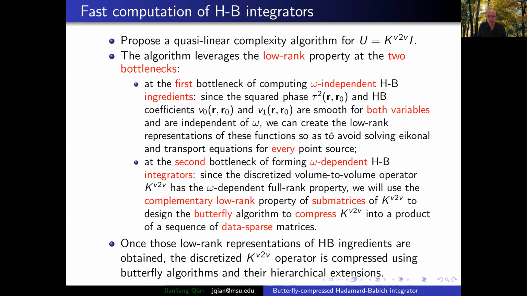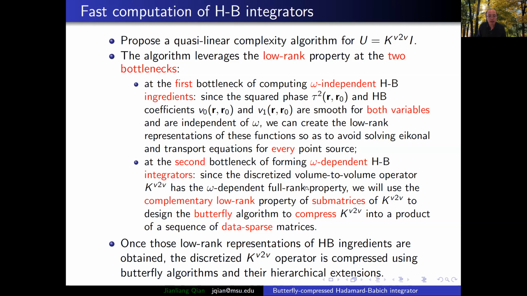Essentially, we carry out computation on a very rough mesh with a high order scheme, then carry out some kind of interpolation to create a low rank representation for those ingredients. Once we have those ingredients in place, we can repeatedly use them.